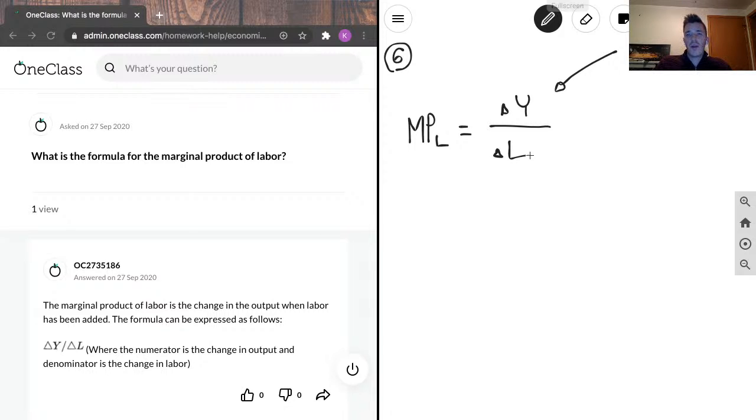So the marginal product of labor can be conceptualized as the increase in output from adding one more unit of labor.